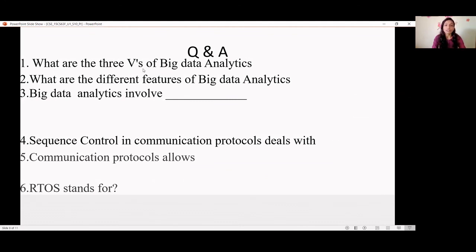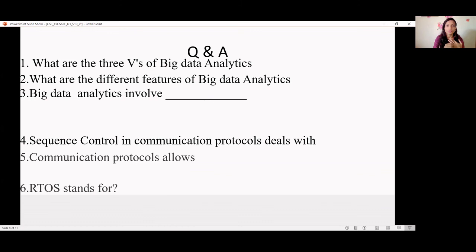What are the three V's of big data analytics? Can anyone tell? What were the characteristics of big data analytics? Volume, velocity, and variety. What are the different features of big data analytics?